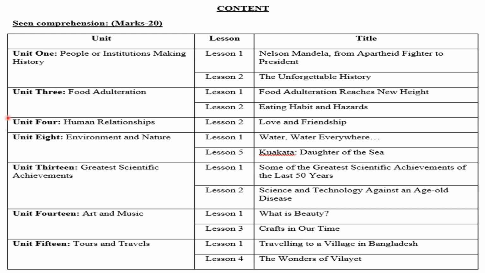If you take better preparation, we think you will be able to achieve the best marks in the semester final exam. So dear learners, give importance to comprehension, and in comprehension it is very easy to achieve the best marks. That is why you have to give importance to these contents.